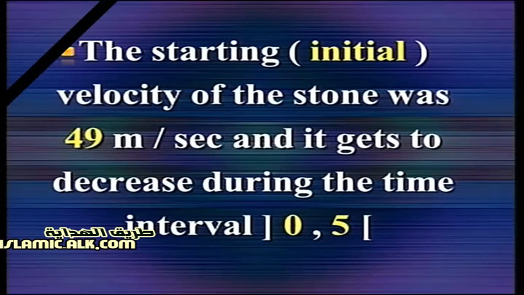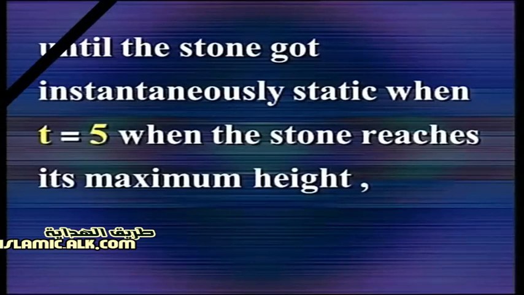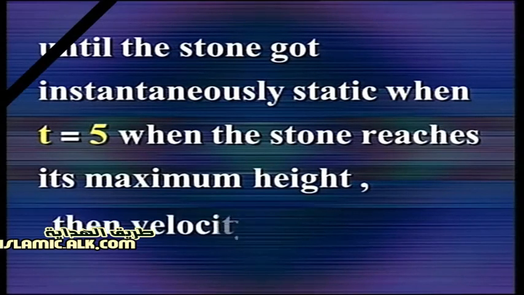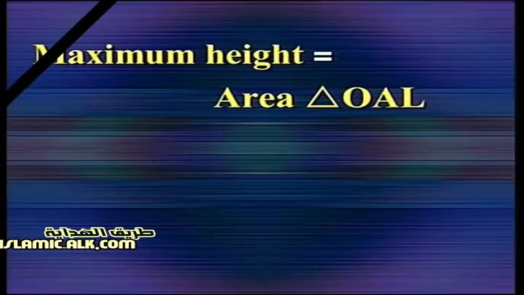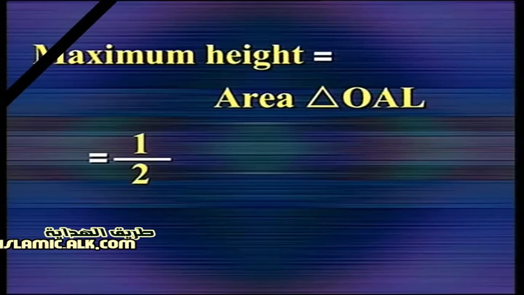It decreases during the open interval (0, 5), until the stone becomes instantaneously static when t equals 5. When the stone reaches the maximum height, the velocity is zero. In this case, we find the area of triangle OAL by using half base times height.